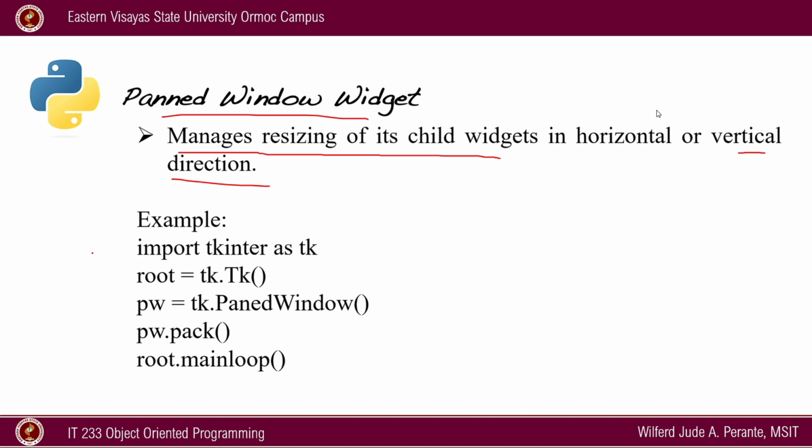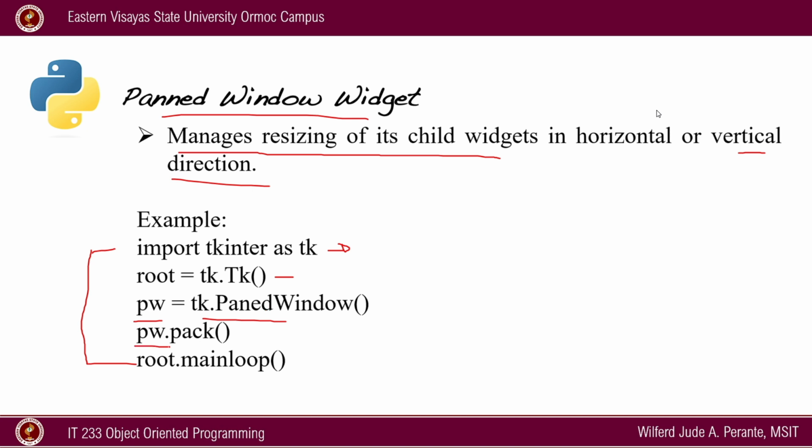We have here an example for a paned window. So again, we are importing our Tkinter library and our main window for the Tkinter application, and pw is equal to tk paned window, we create a paned window widget that by default arranges its child widgets horizontally.